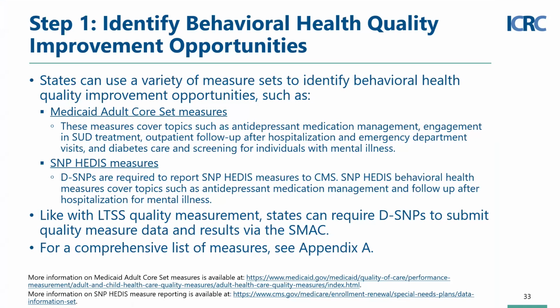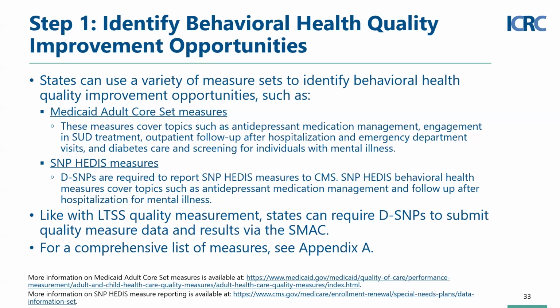For example, the Medicaid Adult Core Set contains measures covering topics such as antidepressant medication management, engagement in substance use disorder treatment, outpatient follow-up after hospitalization and emergency department visits, and diabetes care and screening for individuals with mental illness.